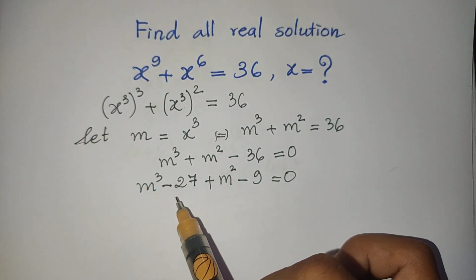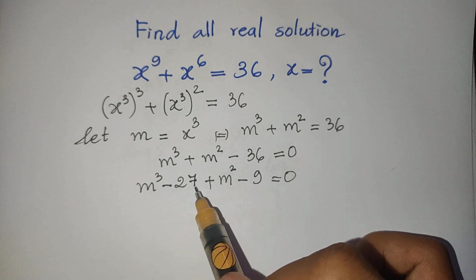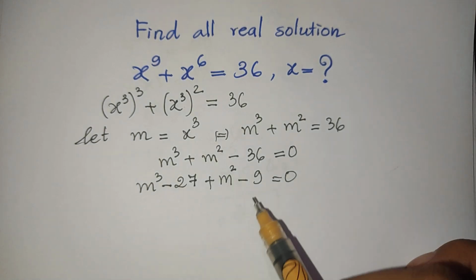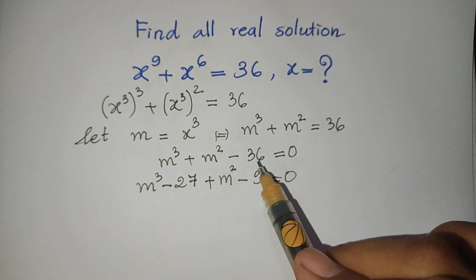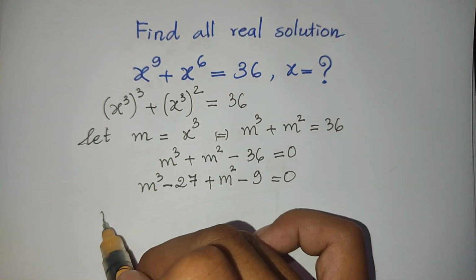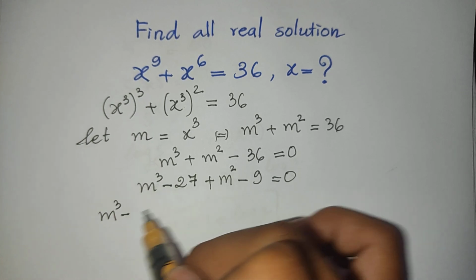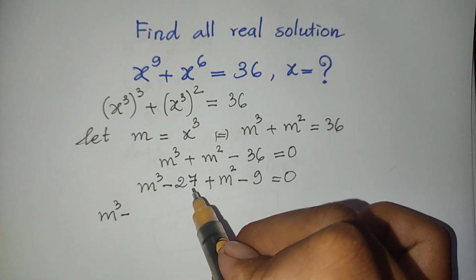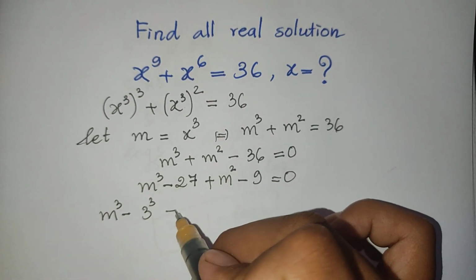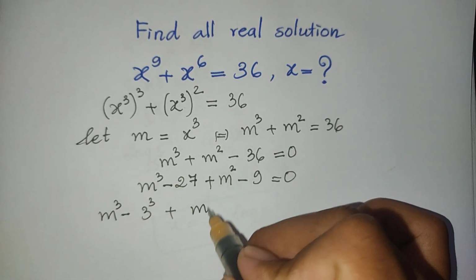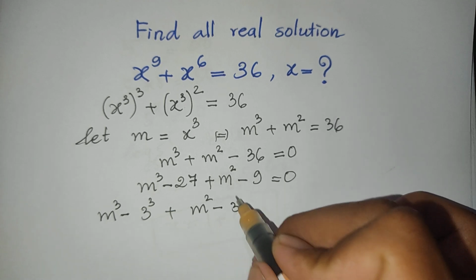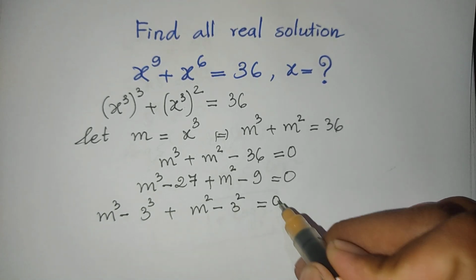Look, here is negative 27 and here is negative 9. So if we add them, we get negative 36. And here is m power 3 minus 27, which can be written as m power 3 minus 3 power 3, plus m squared minus 9, which can be written as m squared minus 3 squared, equals 0.